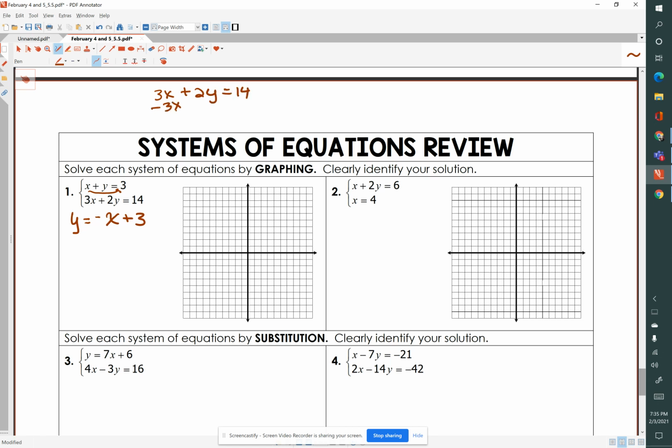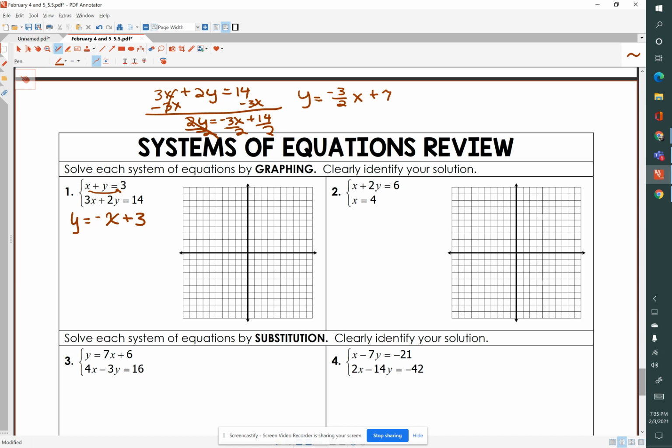Subtract 3x from each side. And we have 2y equals negative 3x plus 14. Divide everything by 2. And we have y equals negative 3 over 2 x plus 7.